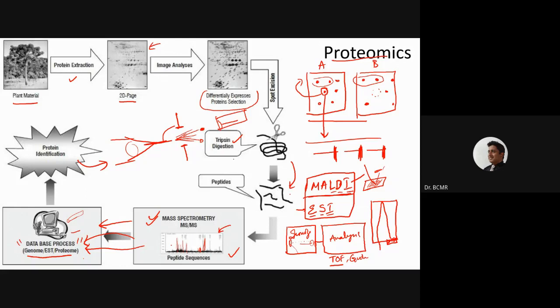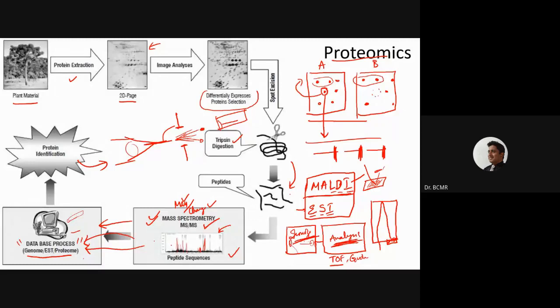analyzer. But the point is, the mass spectrometry machine will be able to measure the mass over charge of all the peptides that are passing through the analyzer. You are ionizing, and then the analysis is based on what charge it has and what mass it has.